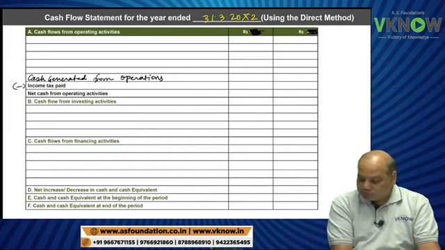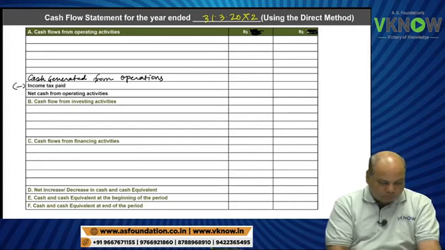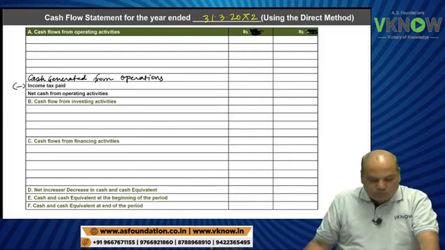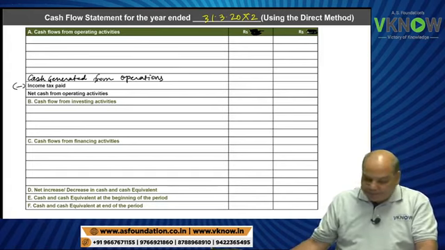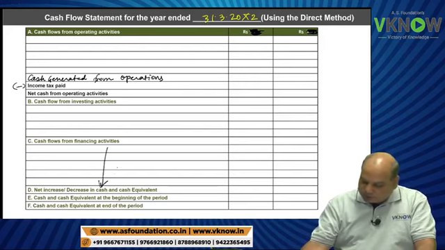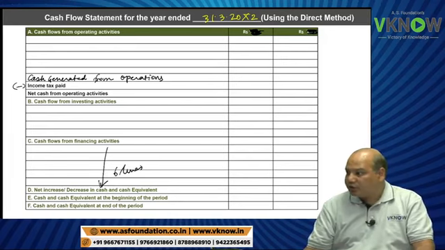Cash flow from financing activity. Keep 6 lines blank.